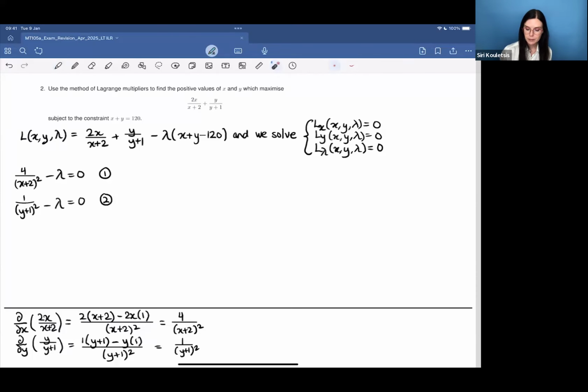Finally, partially differentiating the Lagrangian with respect to lambda, that is easy enough to do. It's just minus and then this entire bracket here.